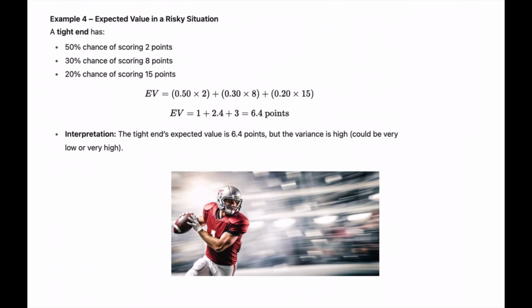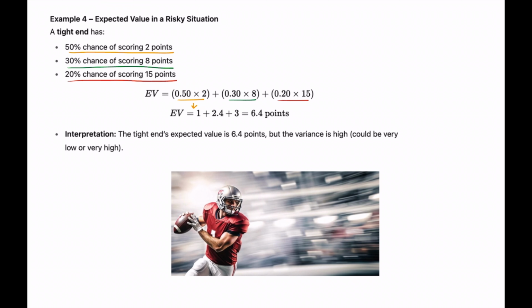Now for example 4, it's expected value in a risky situation. So a tight end has 50% chance of scoring 2 points, 30% chance of scoring 8 points, and a 20% chance of scoring 15 points. So we're going to find the expected value here, which is that weighted average. So we have 0.5 times 2, 0.3 times 8, and 0.2 times 15.